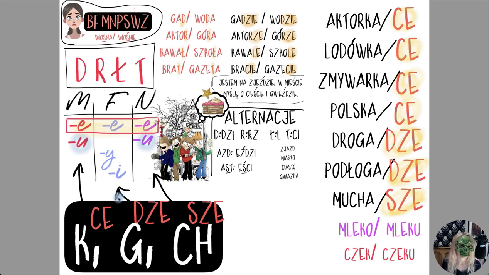Maybe this drawing is not perfect, but what I'm trying to say is this rule applies to this bit, feminine nouns. Masculine nouns with this kind of consonants will have the ending o, and all those neuter nouns with these endings will have the ending o as well. I'll explain in a second. So now we are in feminine nouns.